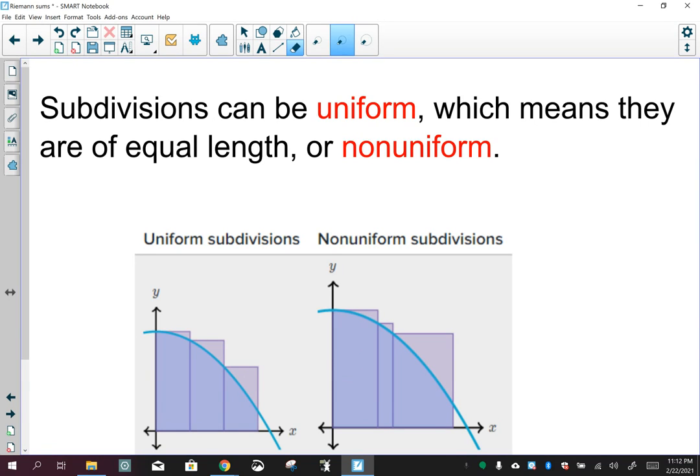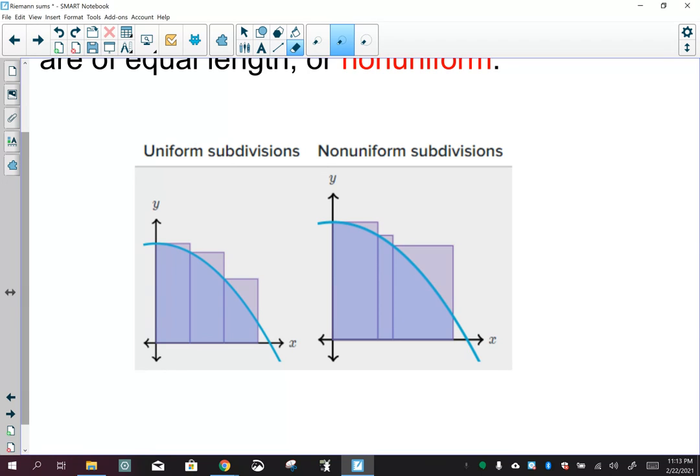So your non-uniform ones will probably come off a table. They're probably not going to give you a graph and tell you to give me 3 non-uniform rectangles. That's just probably not going to happen. However, in a graph, 99% of the time, it's going to be uniform. Okay, so that is uniform versus non-uniform.